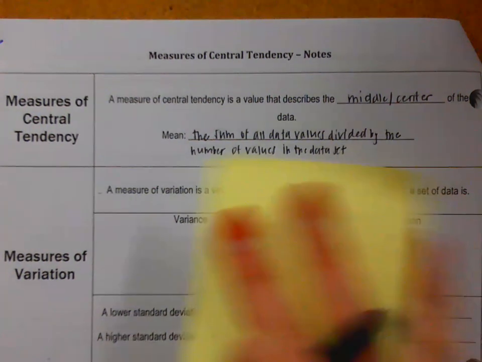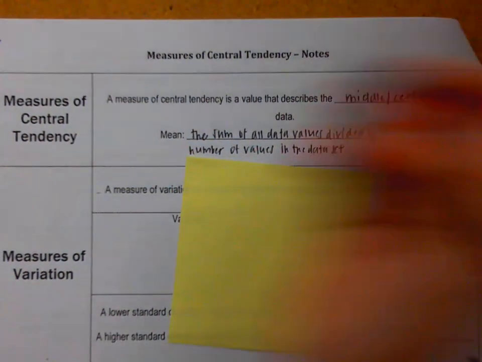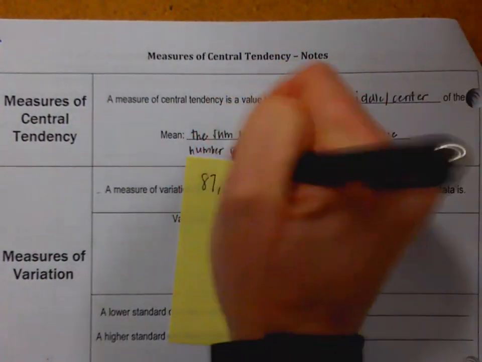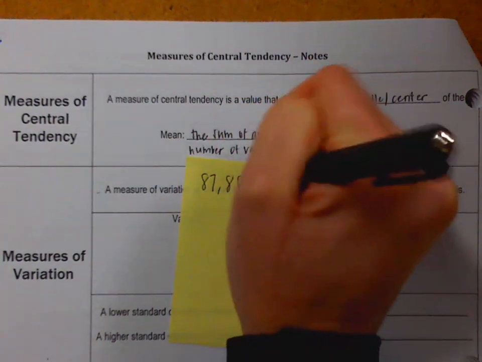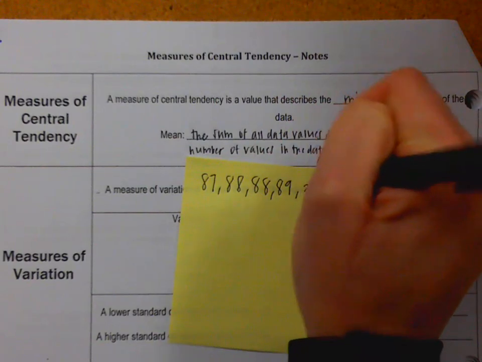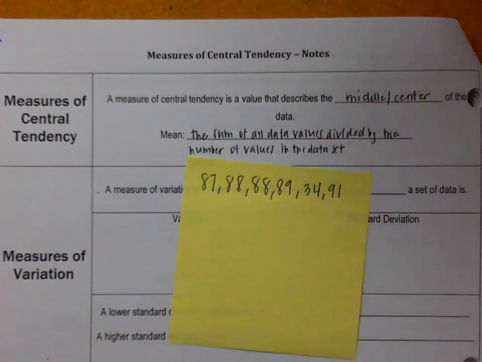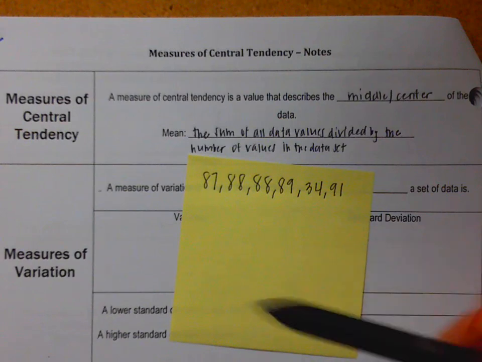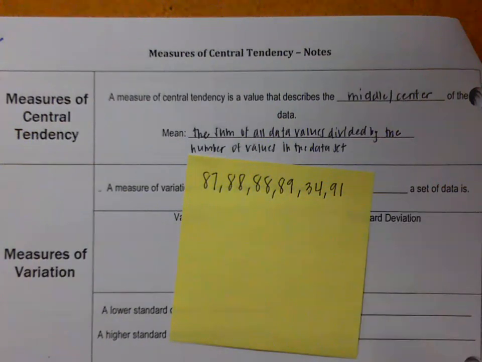If I gave you a data set: 87, 88, 88, 89, 34, and 91, and I calculated the mean by adding those together, 87 plus 88 plus 88 plus 89 plus 34 plus 91, which gets me 477, divided by 6, my mean there is 79.5.